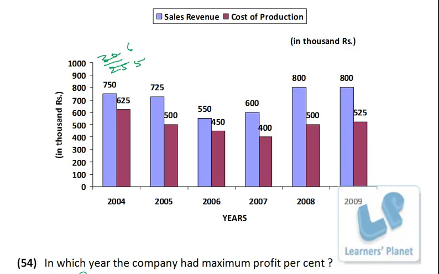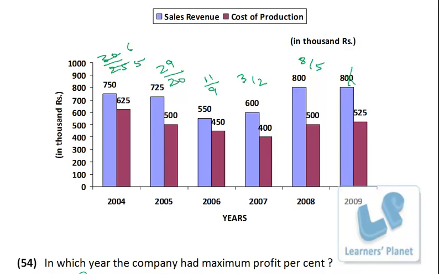Then it is 2005, 25, 2s are 50, 29 by 20. Then in 2006 it is 5, 11, 5, 9, and this year 6 by 4, so that is 3 by 2. Then it is 8 by 5, then it is 8 by 5.25, so that is definitely less than this, so just forget it.